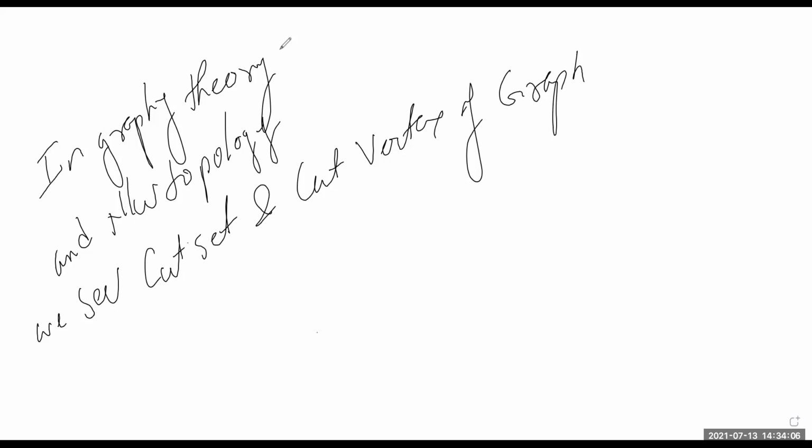A graph is said to be connected if there is a path between every pair of vertices. A vertex you could also call a node.